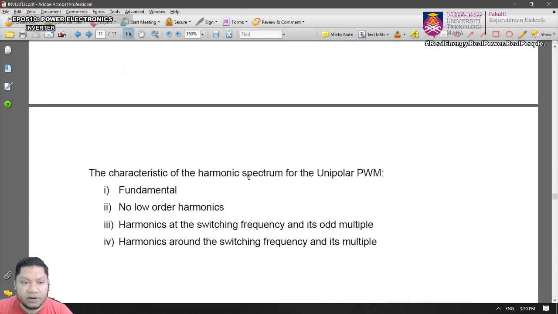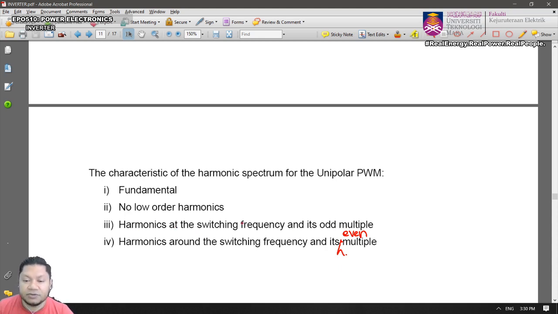And the characteristic, if you look at the characteristic now, it consists of the fundamental, no low order harmonics, and harmonics at the switching frequency and its odd multiple. Harmonics around the switching frequency and its even multiple. Yeah, this is even multiple.